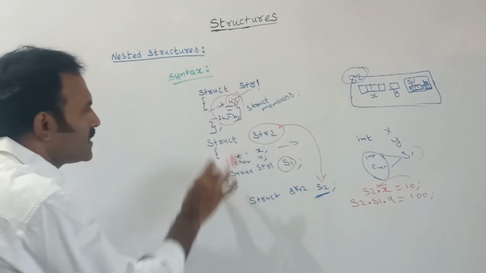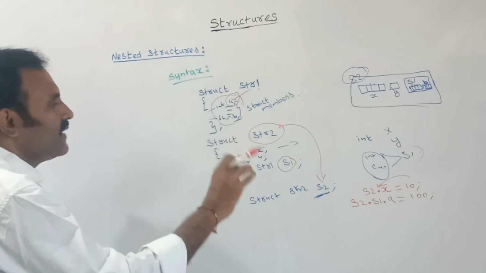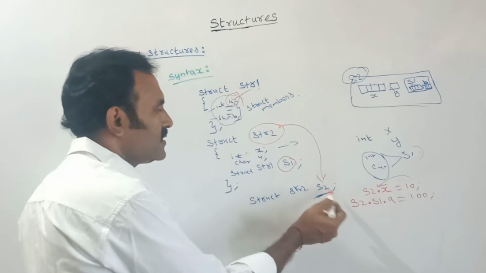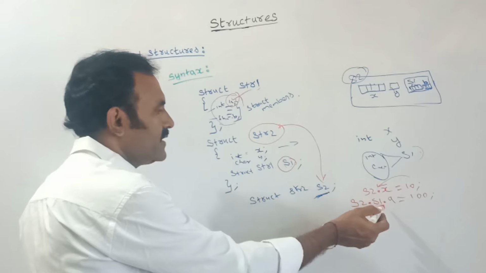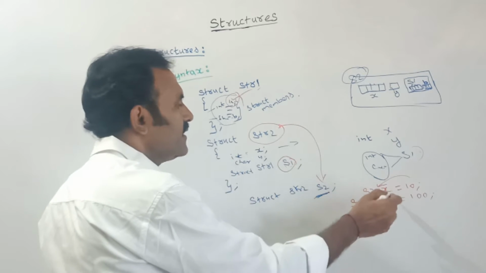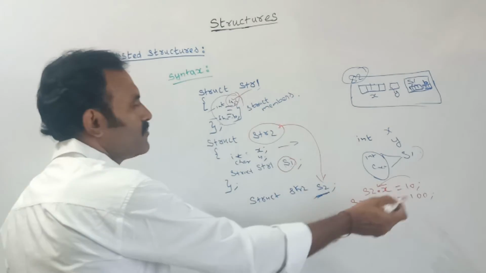So in the nested type, if we want to store the value, we should use this dot operator two times. First the outer structure variable, then the inner structure variable. After that, in that inner structure variable, we mention the structure members like this.